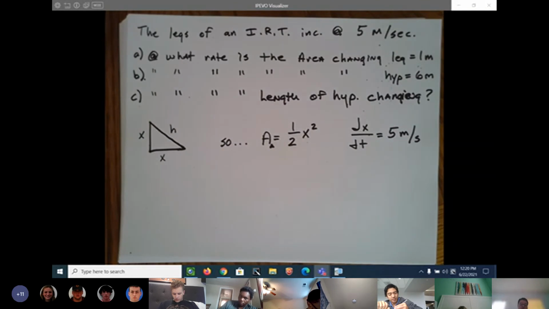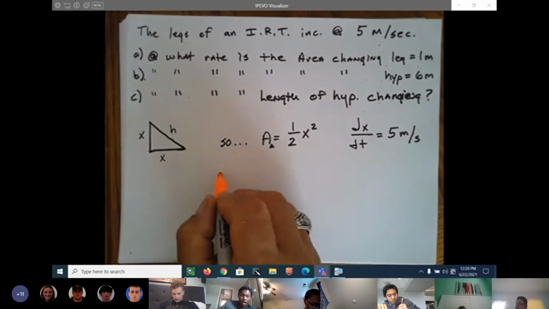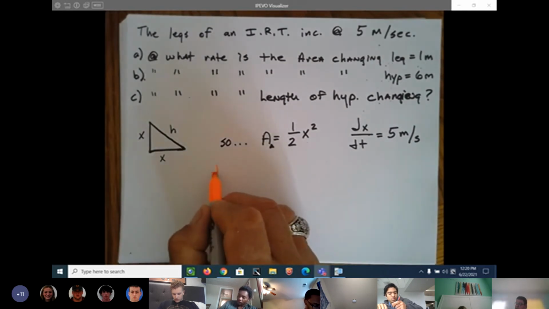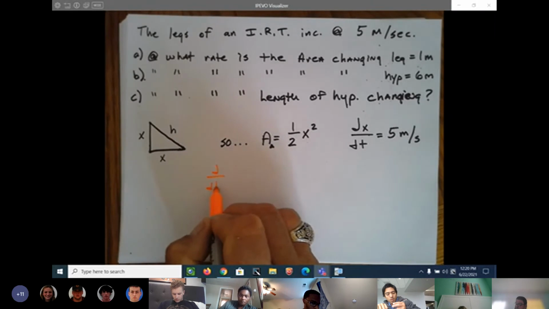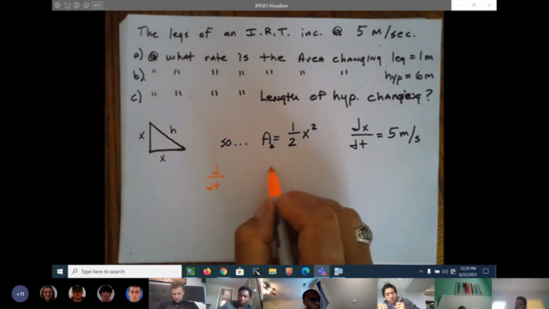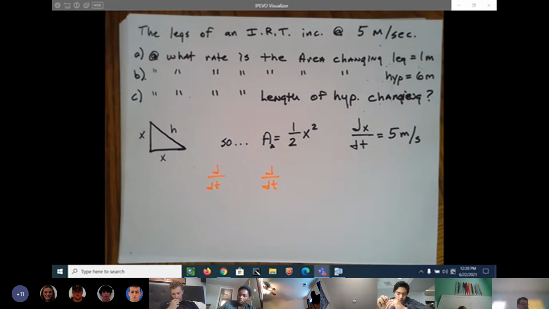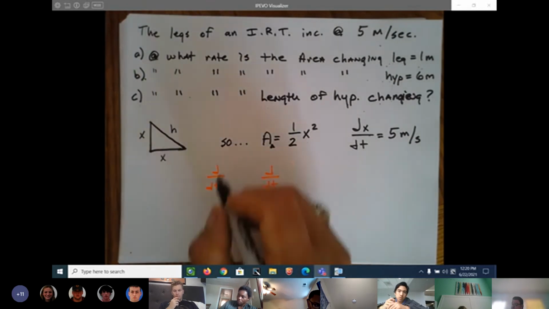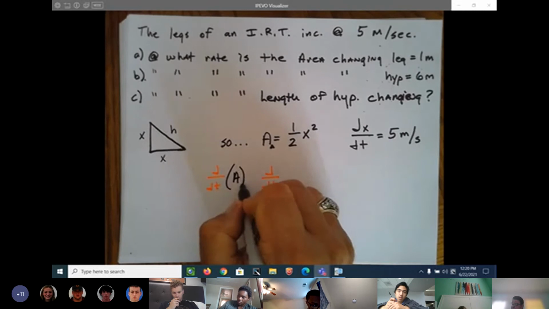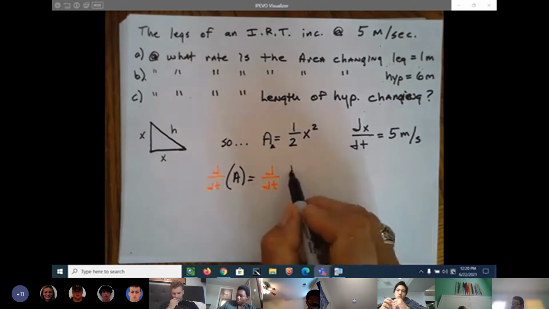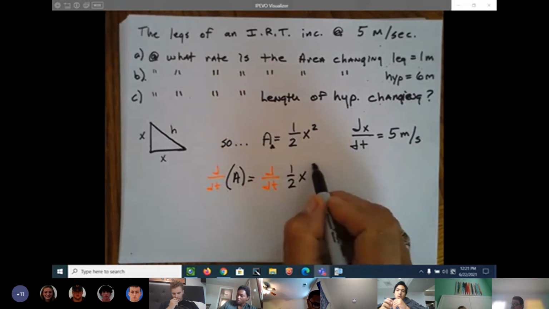So I'm going to do that in orange, so it'll show out a little bit. So d dt, and then I'll write the formula. A equals 1/2 x squared.